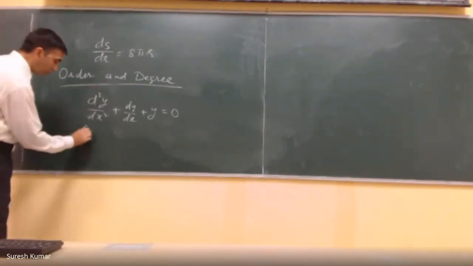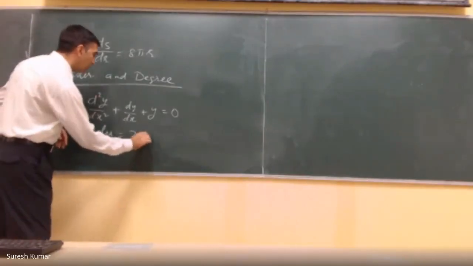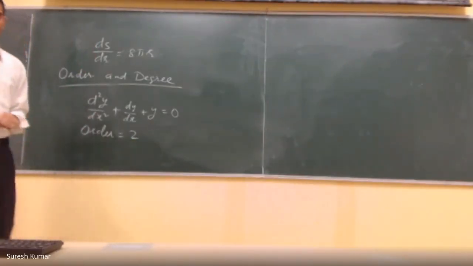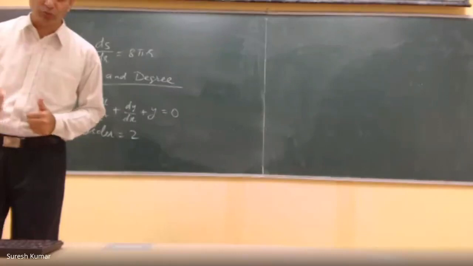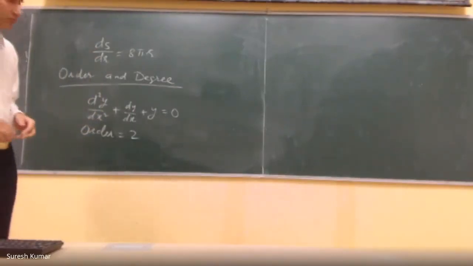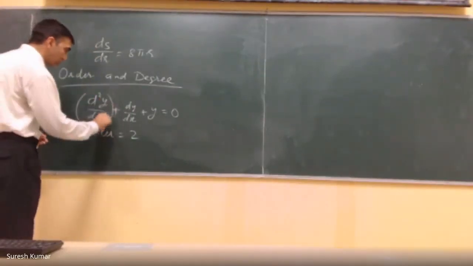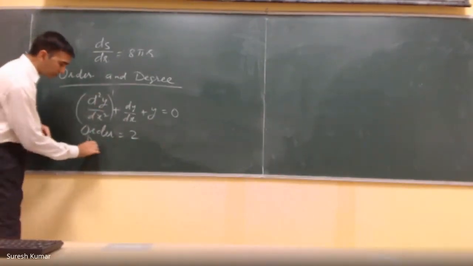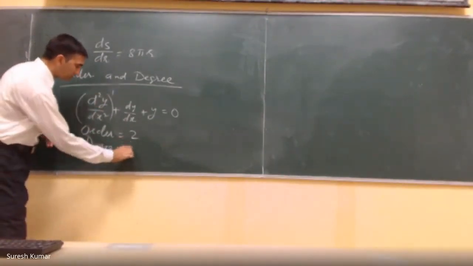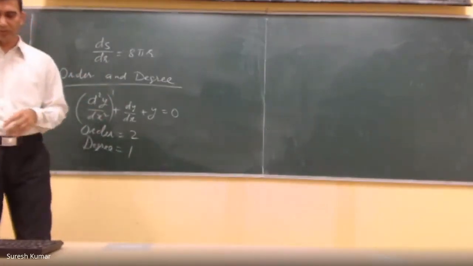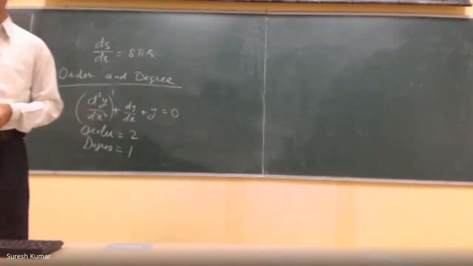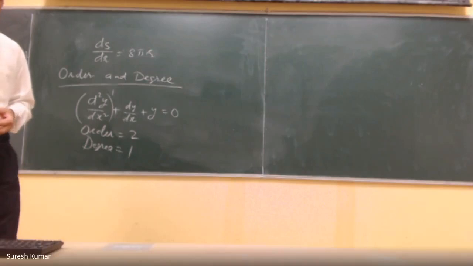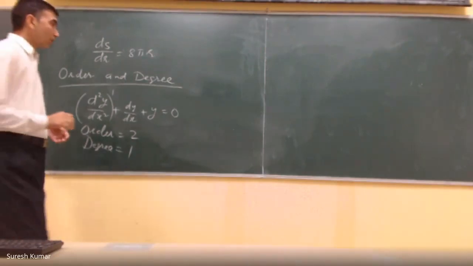So order is 2. And what is degree? Exponent or power of the highest order derivative occurring in the differential equation. That you can see is 1, so degree is 1. So it's a simple concept you understand. You can characterize differential equations by their order and degree.